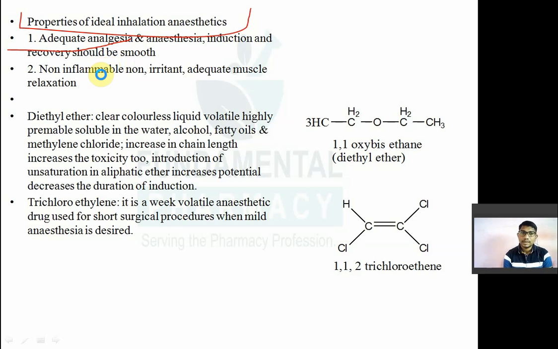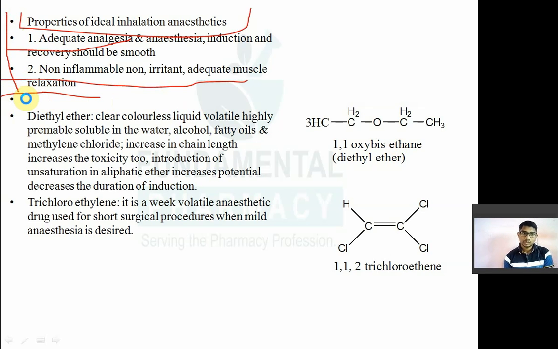Okay. Then induction of anesthesia and recovery from the anesthesia should be smooth. It should be non-inflammable, non-irritant, and it should have adequate muscle relaxation property. So I'm not taking each and every point like your semester exam, but whatever is important will be discussed.